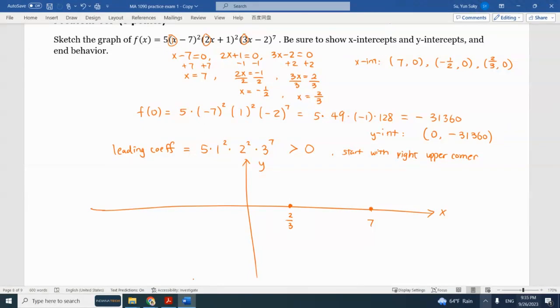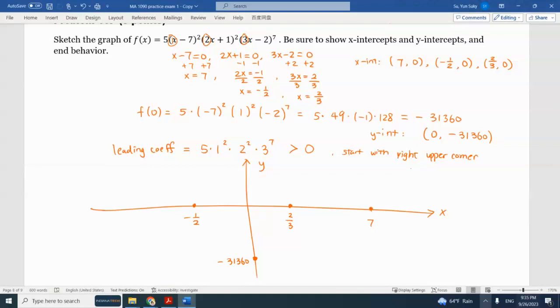You don't have to put the 2/3 close to 0. They don't have to be the good scale. So you can just make your graph pretty. Okay, so -1/2, I put it here. And the y-intercept 0, -31360. Just put a dot there.